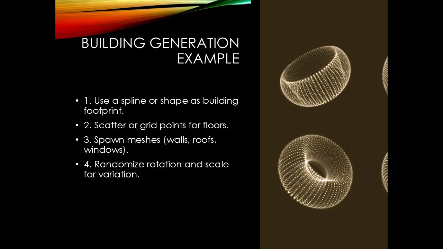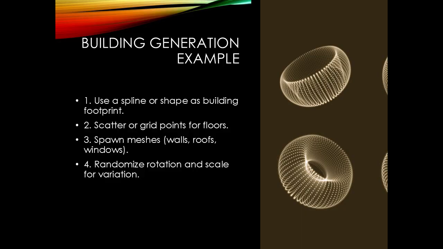Add a spawn static mesh node to place walls, pillars, corners, or window frames along those points. Add variation: random rotation, random mesh selection, adjustable height per floor. If you want a multi-floor building, you can loop this logic. Duplicate the graph for floor 2, offset the Z axis, and add balconies or roof models.